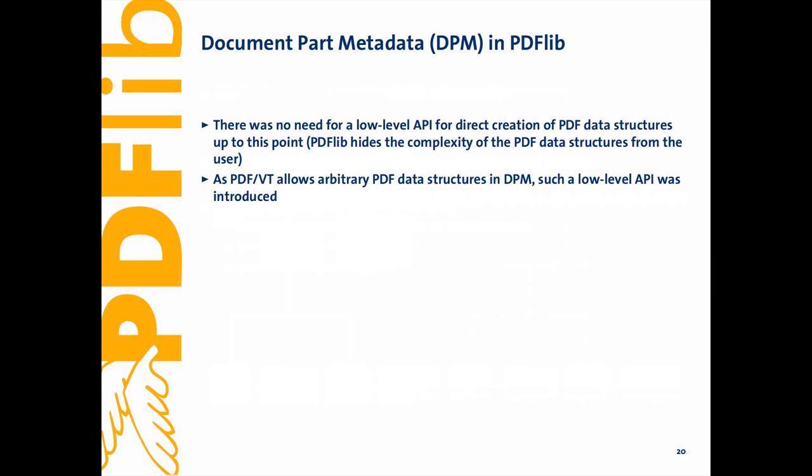So the library user makes API calls that say, for example, begin page, but behind the scenes, PDFlib creates all the PDF data structures in a consistent way. But obviously now we needed such an API, and for DPM we built one, where we shortly afterwards learned that we can use it also in other contexts. So we built a general purpose low-level API for building arbitrary PDF data structures.